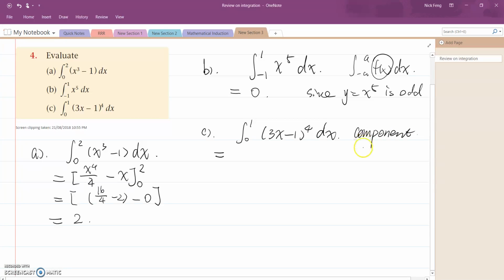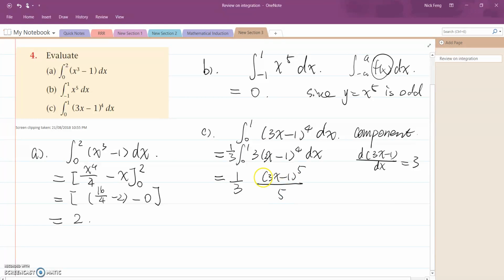That is the derivative of 3x minus 1, which is 3. That is your component. You need that for your integration. And you can't just make the 3 there. Therefore, you need to divide it by 3 outside. And now it's ready to integrate as a whole thing, (3x minus 1) to the power of 5 over 5. Remember, at this stage, you have consumed the component 3.